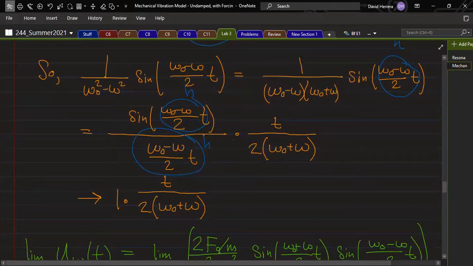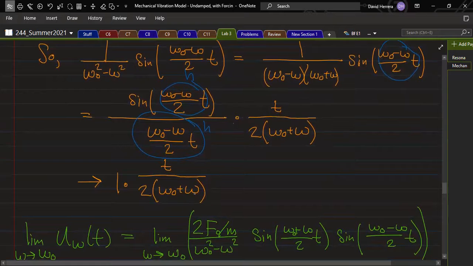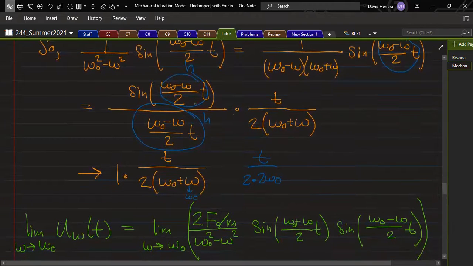So as h goes to 0, this converges to 1 times t over 2 omega naught plus omega. And actually, the omega here is converging to omega naught. So really, I should say this is t over 2 times 2 omega naught. I'll do that later, but I just wanted to illustrate what happens here with this term.